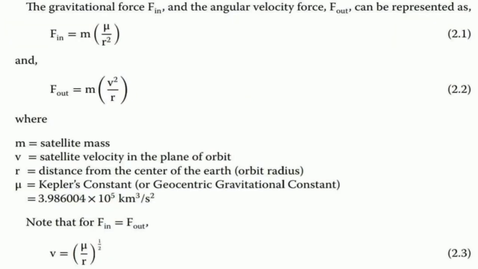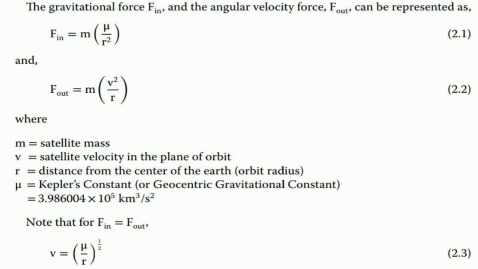In this picture, the gravitational force F in and the angular velocity force F out can be represented as F in equal to m into mu by r square and F out is equal to m into v square by r, where m is equal to satellite mass and v equal to satellite velocity in the plane of the orbit, r equal to distance from the center of the earth, that is orbit radius.